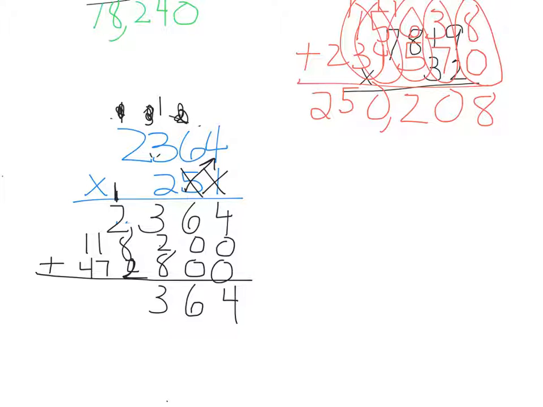All right, and 1 plus 2 plus 8 plus 2, so 8 plus 2 is 10, plus 2 more is 12, 13, carry a 1, 7, 8, 9, and then 5. So my product is 593,364.